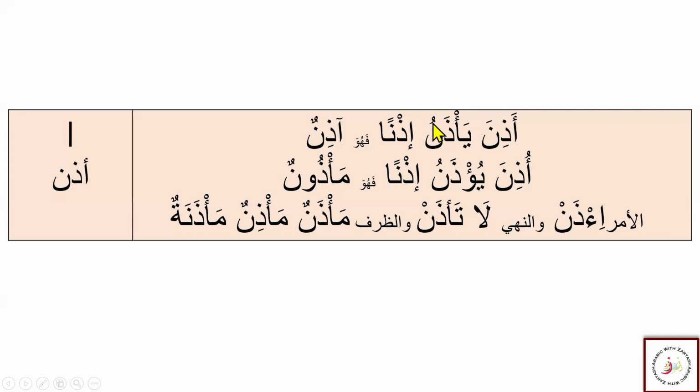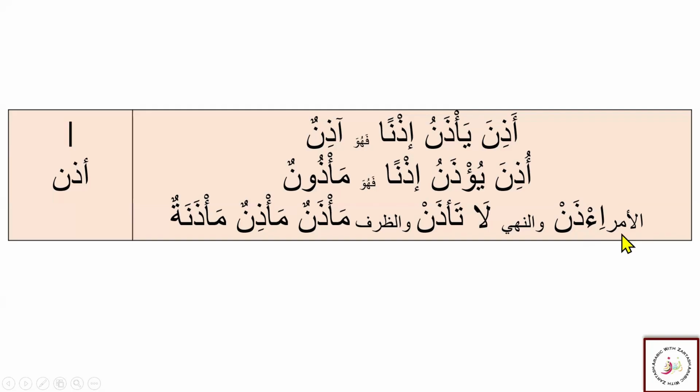So here you can see the Dhamma is changed into a Sukoon, and the sign of the fi'l mudari' is dropped, and because it is not pronounceable, we are going to add a helping Alif, the Alif first, which will carry a Kasra, because if the third root letter or the middle root letter has a Kasra or Fatha, we put the Alif first with the Kasra, and if it has a Dhamma, we put a Dhamma on it.